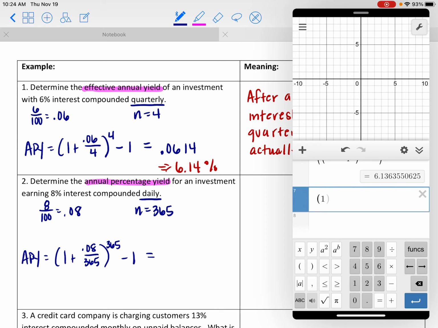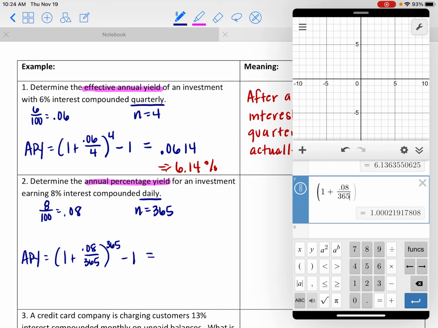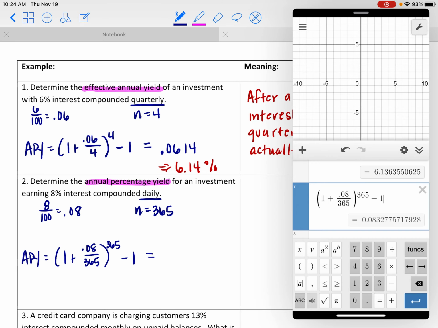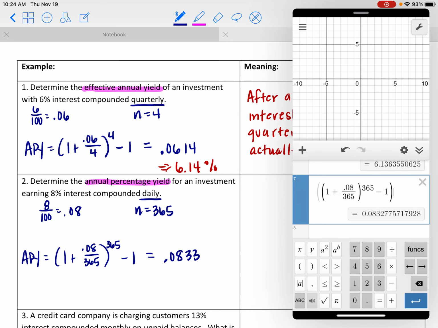We've got 1 plus, again, 0.08 over 365 raised to the 365th. And then we're going to take 1 away. And the formula spits out for us 0.0833. If we take that and multiply by 100, we can see that's 8.33%.